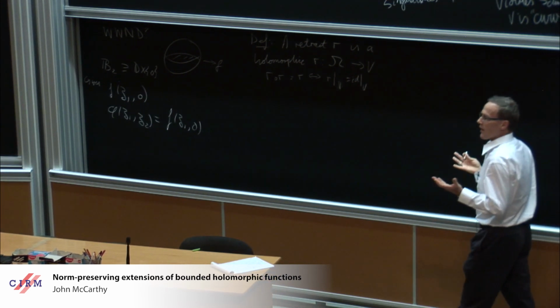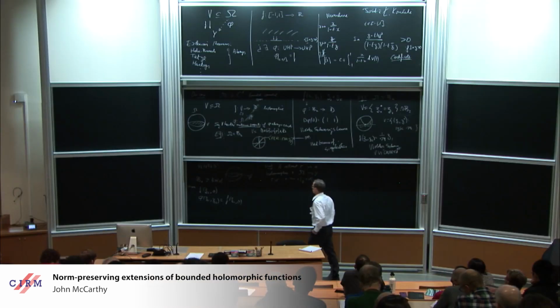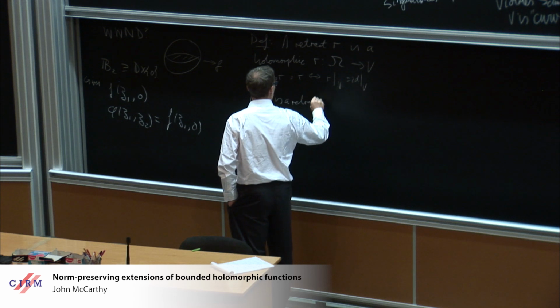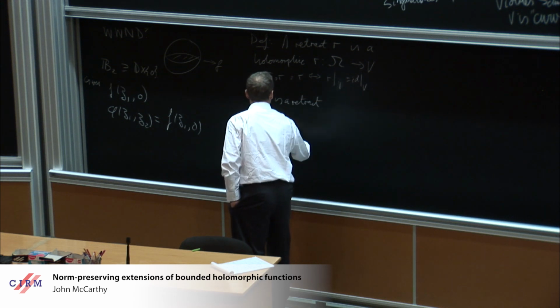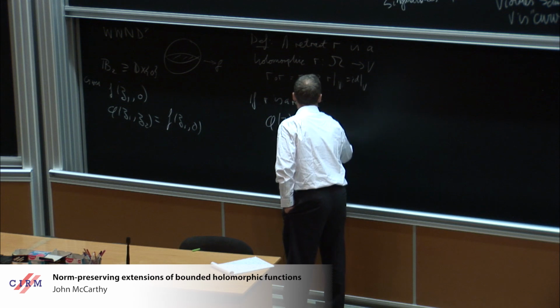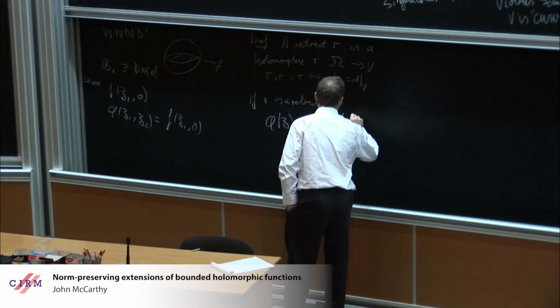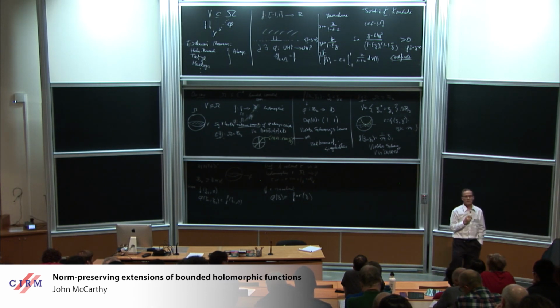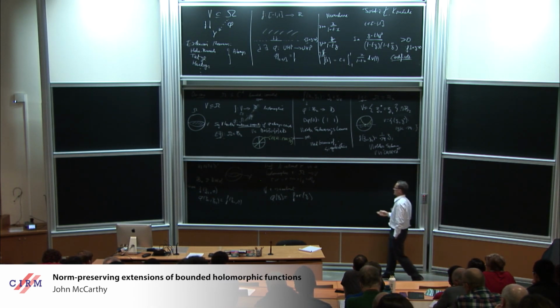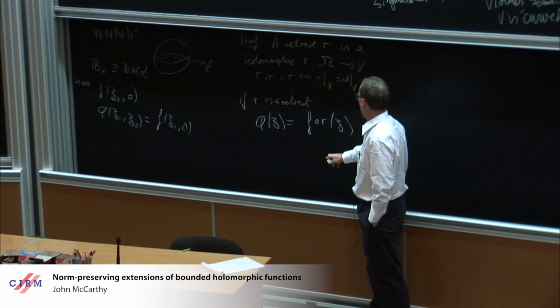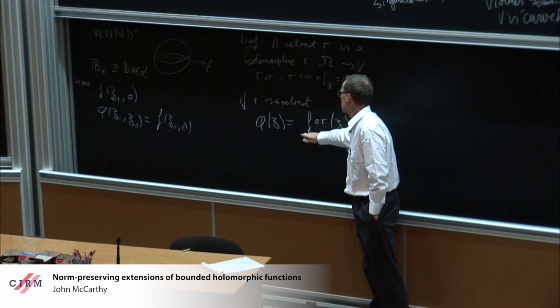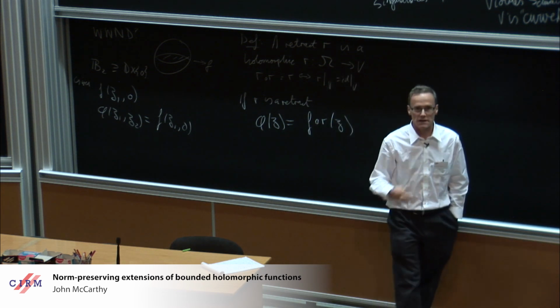So if I have a retract, then I always have an extension. If R is a retract, then the formula phi of Z equals f composed with R of Z automatically gives me an extension of any function f defined on V, because this is holomorphic, and the range of the right-hand side is exactly the range of f, so it has to lie inside the unit disk.